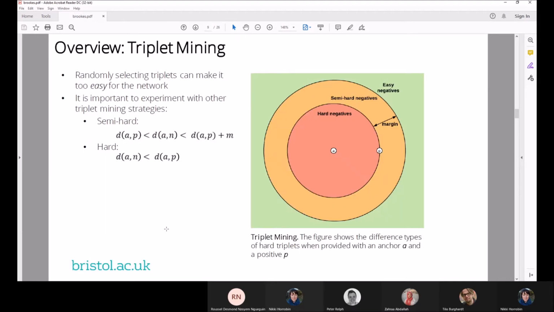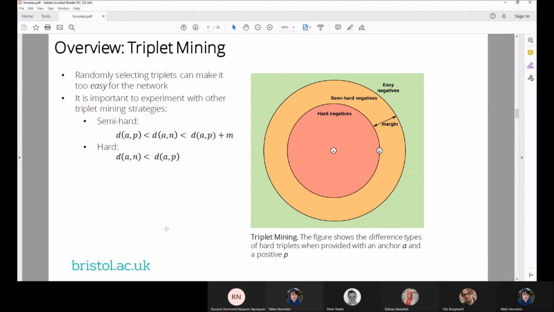One thing that we have to consider when we're training a triplet architecture is how we select our triplets, because naturally the embedding distances for anchor positive pairs are going to be smaller than anchor negative pairs. And so we might end up choosing lots of triplets that are redundant and we don't really learn much.